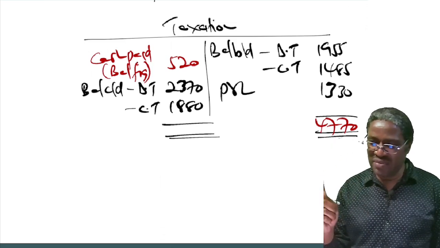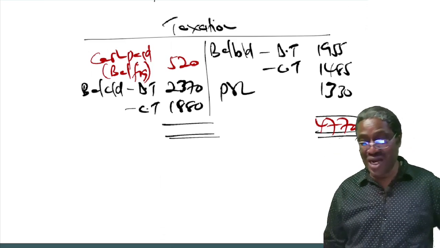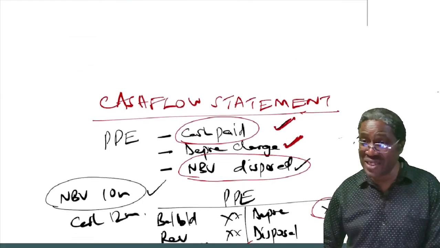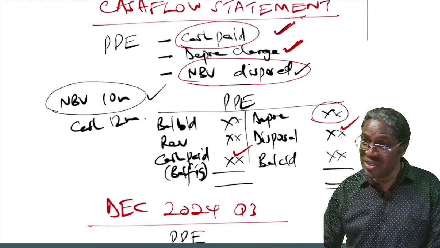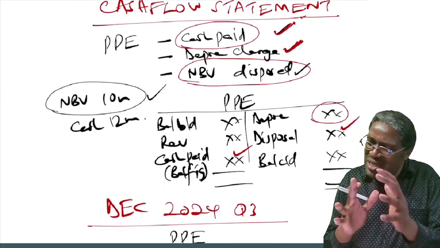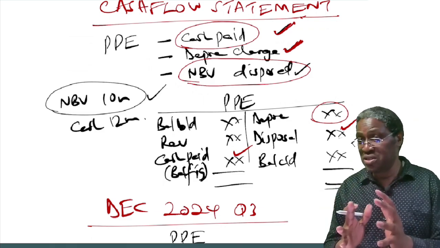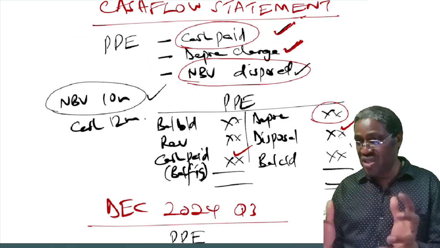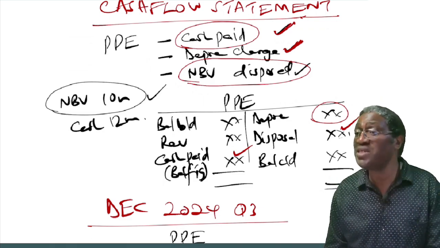Except for this item I called property, plant, and equipment, where I told you that when it comes to property, plant, and equipment, that is the major thing as far as cash flow is concerned. The major tricky thing, let me put it that way, that the examiner would be testing.